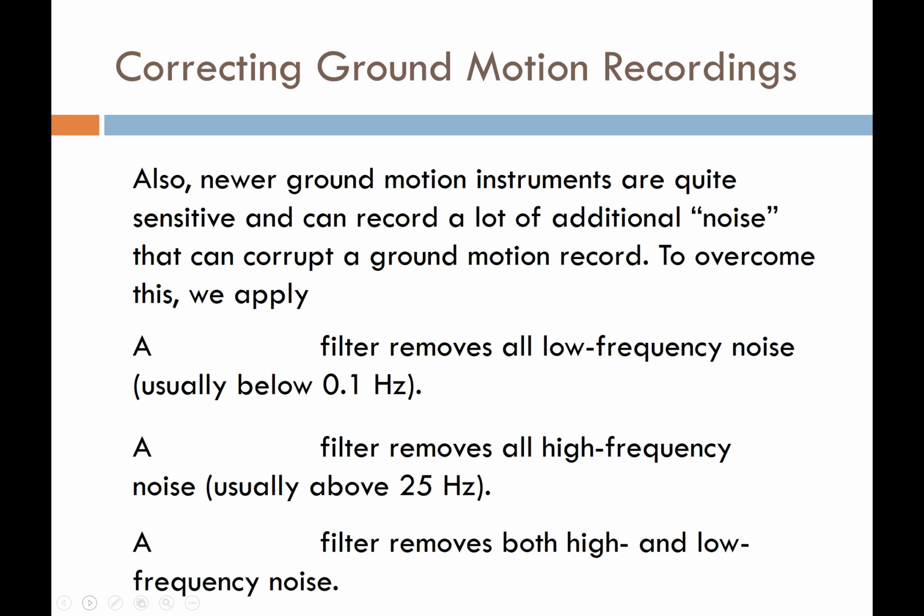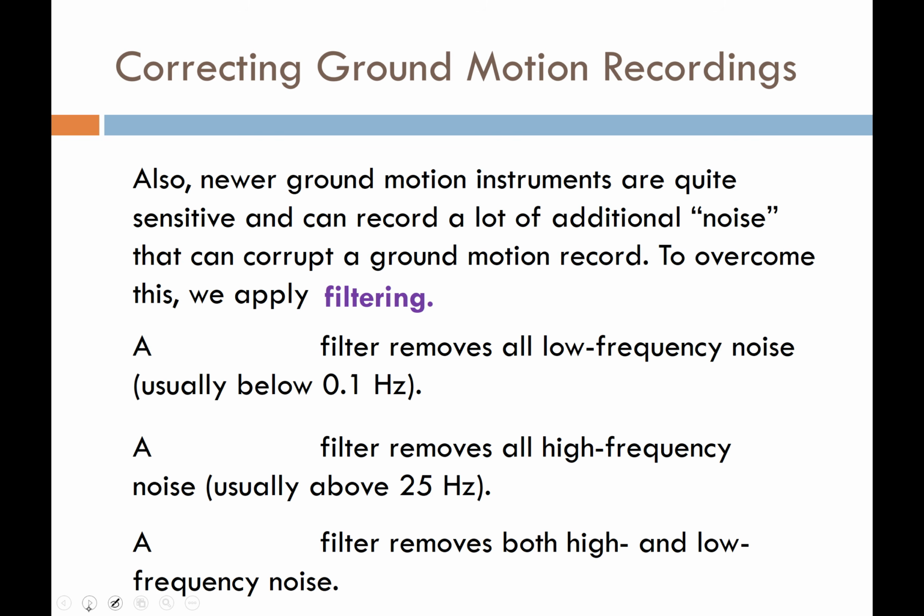We have even electricity in buildings and stuff buzzes a little bit and can cause some vibrations to be picked up in these instruments. So to overcome this vibration, we have to usually filter it out or compensate for it somehow. In general, though, the most popular approach is to apply some sort of filter to our time history.